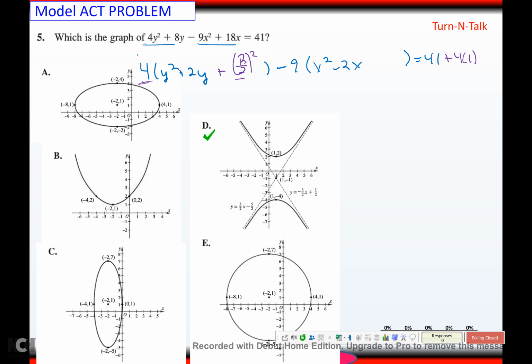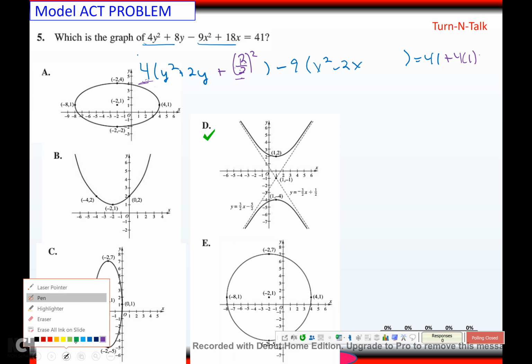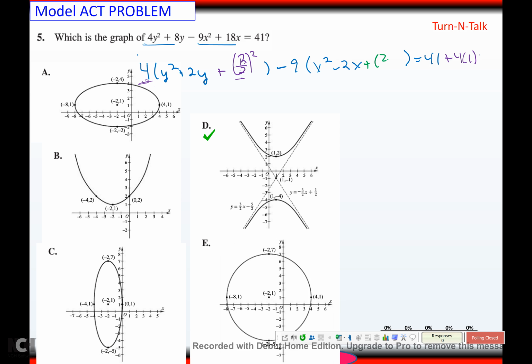If I ever got back around to putting it back through, that's not going to be 1 squared, that's going to be 4. So whatever I do to this side, you've got to do to that side. Same with over here on the x's. I'm going to add half of b, squared. On the other side, I have to add 9 times that.